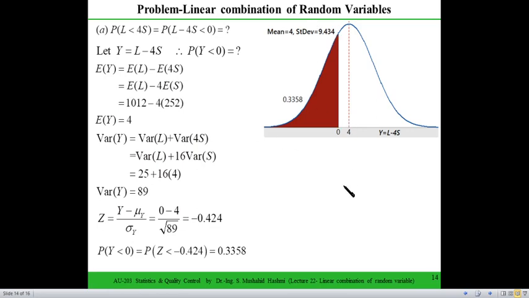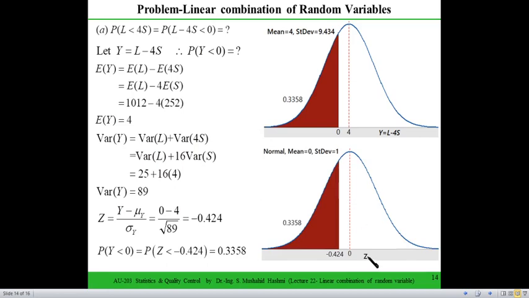Even if you write it in terms of Z, where the mean is 0 and the standard deviation is 1, which is a standard normal distribution, you still get the same area under the curve. It represents that 33.58% is the probability that the volume in the large bottle would be less than 4 times the small bottle.